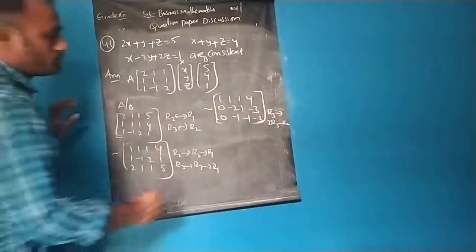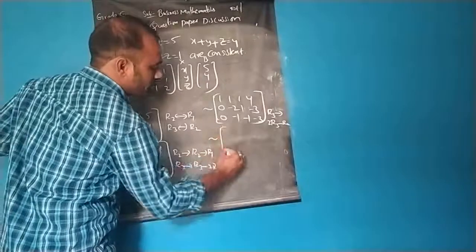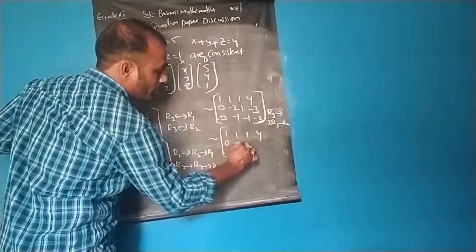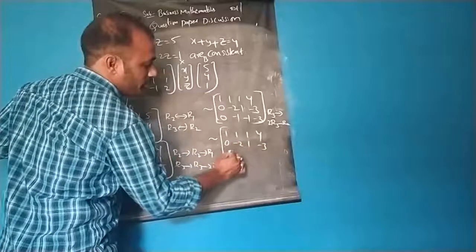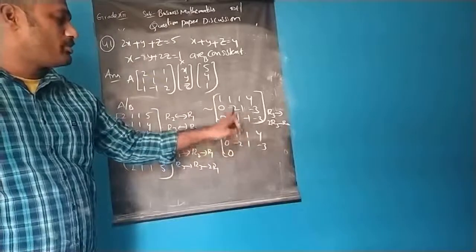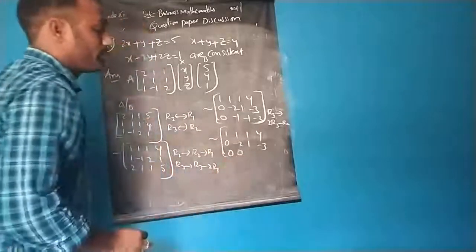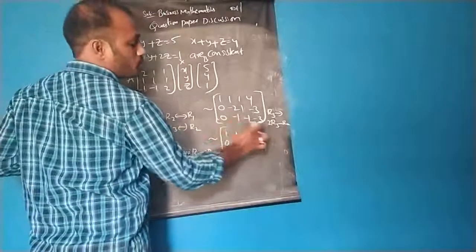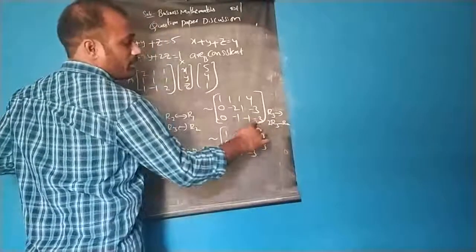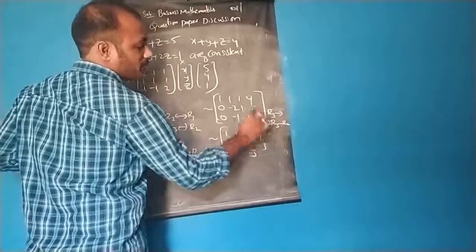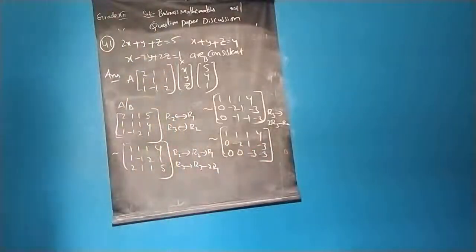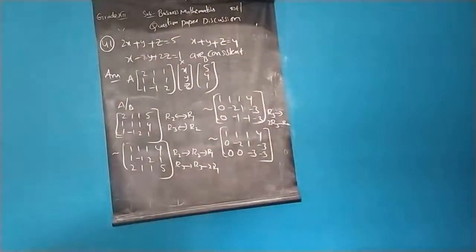If I apply this, we will get 1, 1, 1, 4, 0, minus 2, 1, minus 3, 0. Here minus 2 plus 2 will be 0. Here minus 2, minus 2, minus 1, minus 3. Here minus 6 plus 3, minus 3. So this will be the final matrix.